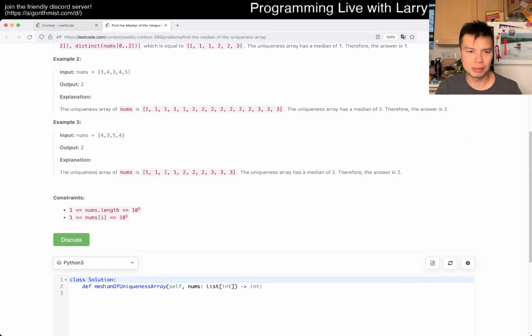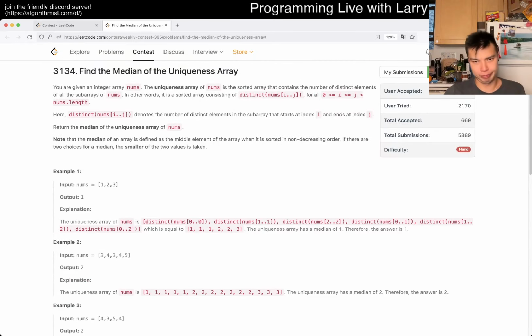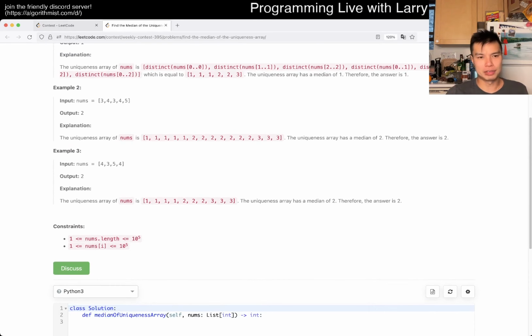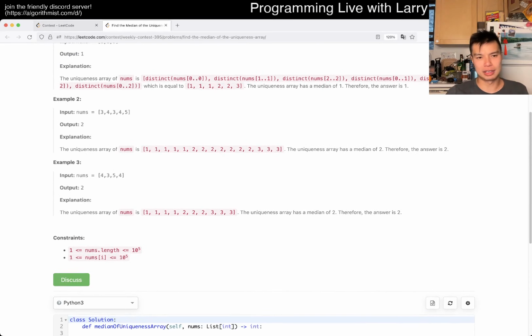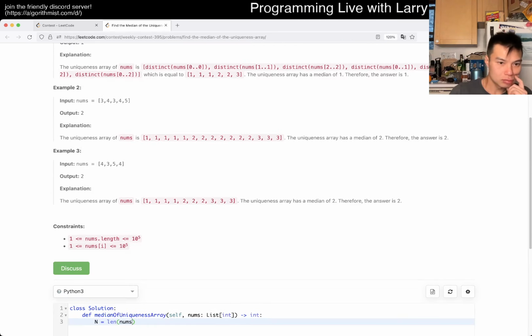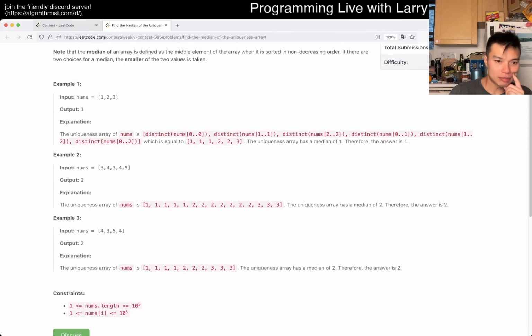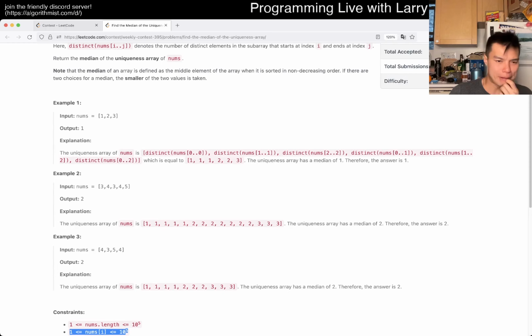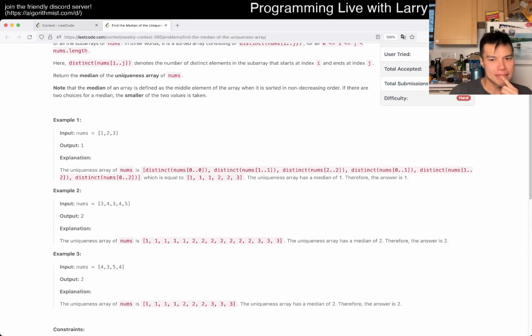I don't even know how to think about this, to be honest. This is wild. It is a number between, I guess, just a distinctiveness. The numbers don't even matter. It is just the number of distinct items. Okay, so everything is different.